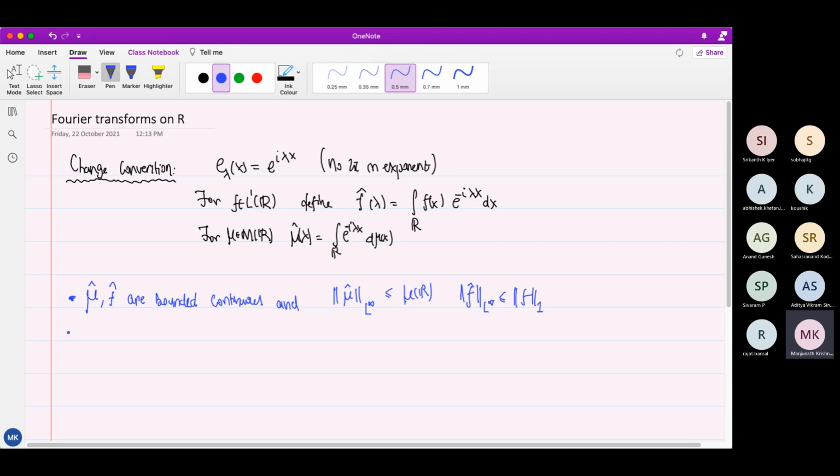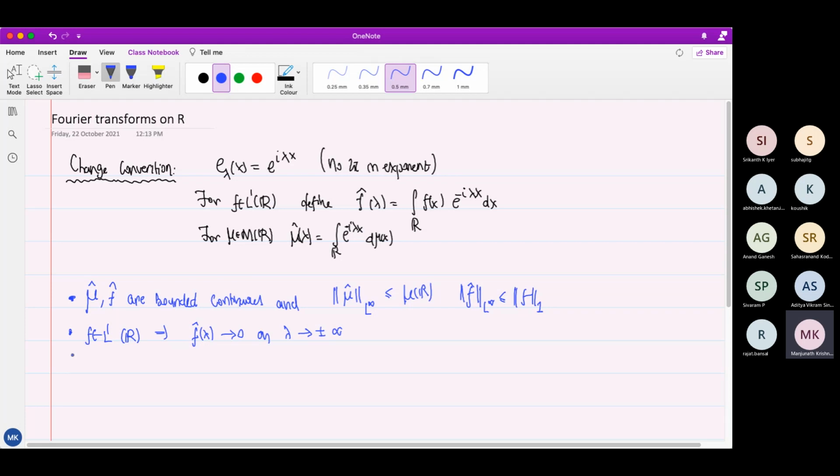So those things are true, and for f in L1 of R, f hat of lambda goes to 0 as lambda goes to plus minus infinity. All these are true, except that where I wrote factors of 2 pi, you will not have them. Okay, so that is also there.